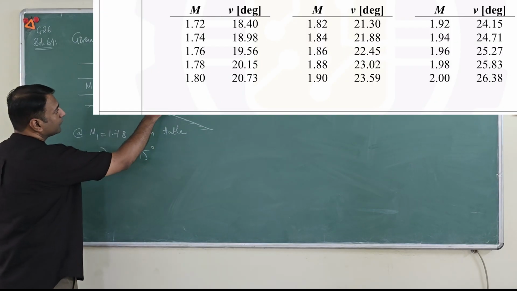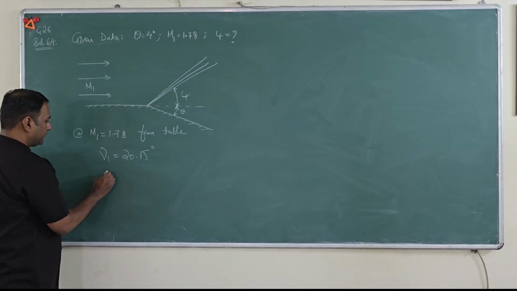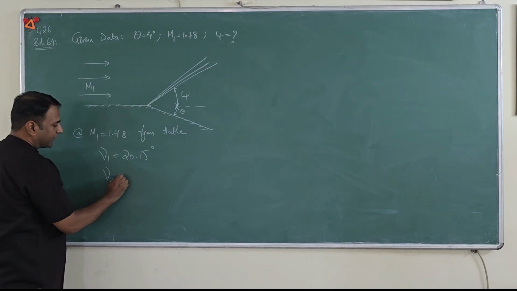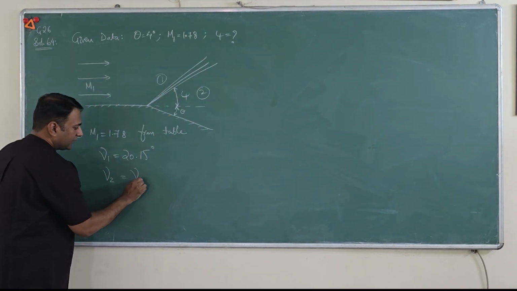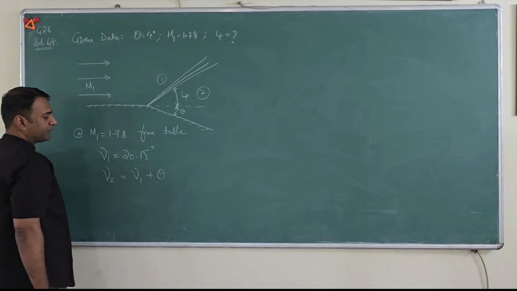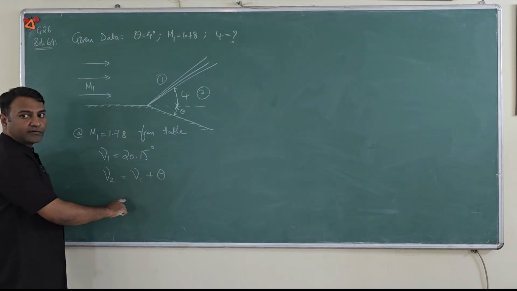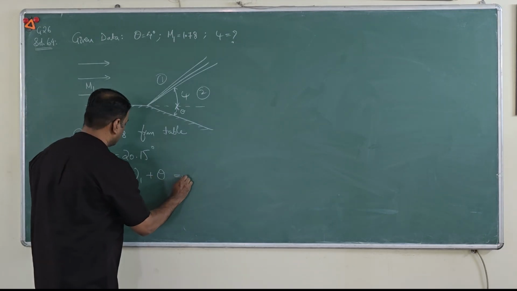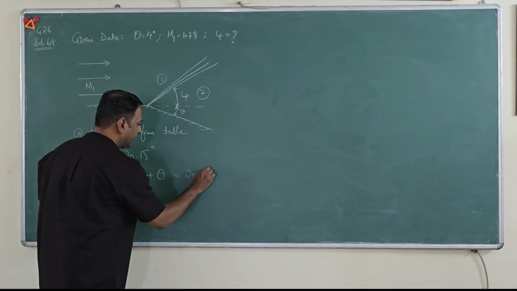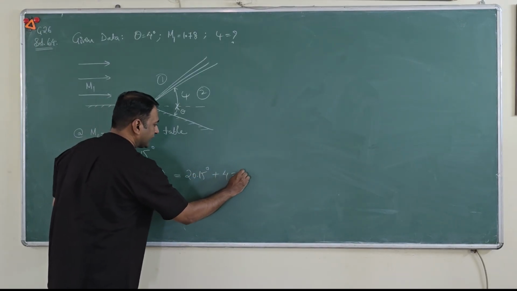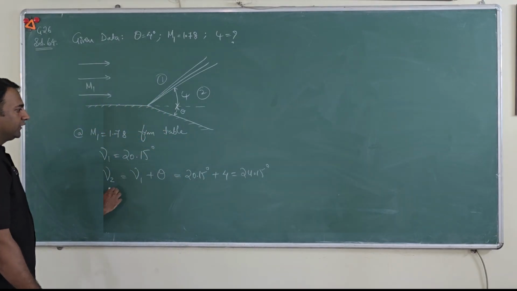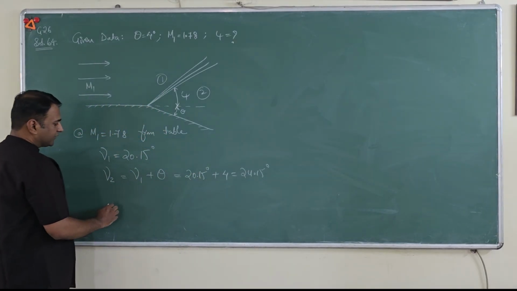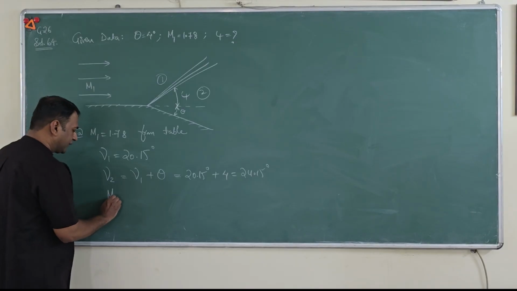Okay, since this is an isentropic expansion, the Prandtl-Meyer function in region 2 will be nu1 plus theta. If it is isentropic compression, we use minus. It is expansion, so we are using plus. So that is 20.15 degree plus 4 degree. That makes it 24.15 degree.